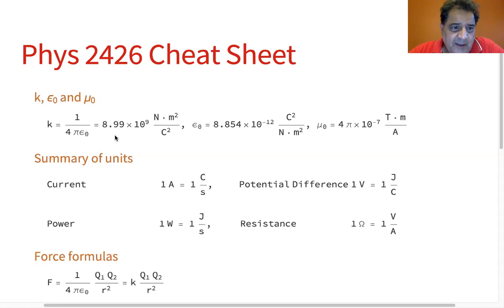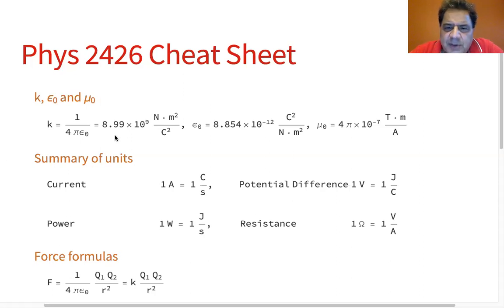K is equal to 1 over 4 pi epsilon 0, which is equal to 8.99 times 10 to the ninth Newton meter squared per Coulomb squared. Epsilon 0 is 8.854 times 10 to the minus 12 Coulomb squared per Newton meter squared, and epsilon 0 is the permittivity of free space.